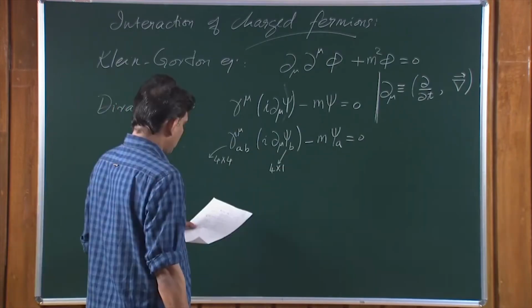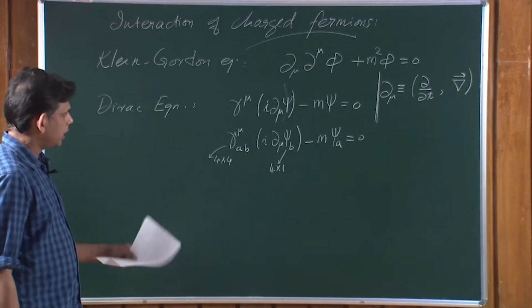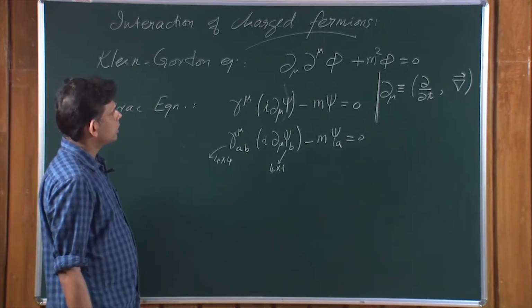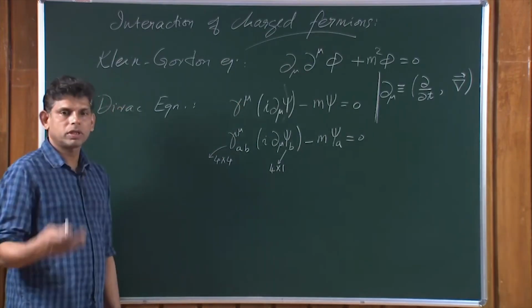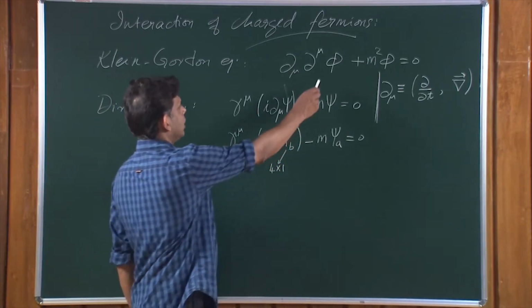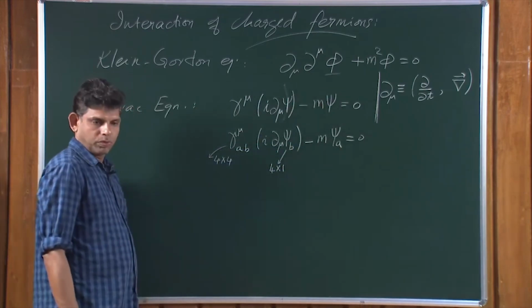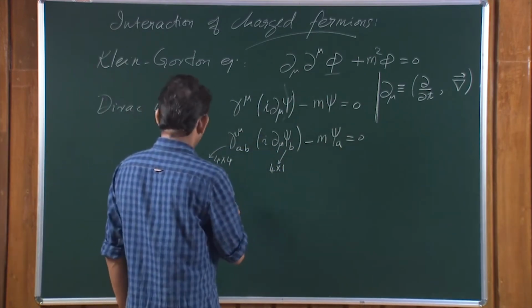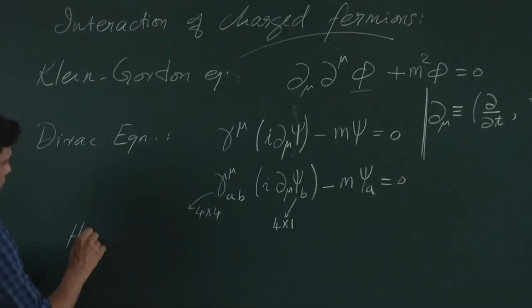Now, there is a conjugate equation that I can describe, which is important in our case. In the earlier case, the conjugation was just a charge conjugation operator, and phi would go to phi star, that would do. But in this case, we have the Hermitian conjugate equation.